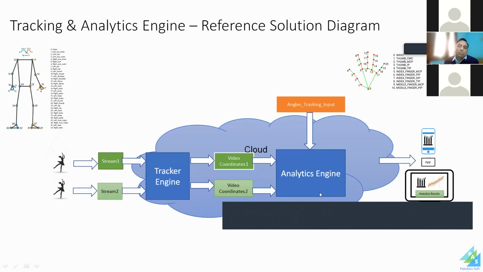And on top of it, we can have a rule engine, or you can say the web server, or this web UI, mobile app, or anything else, whatever you want.